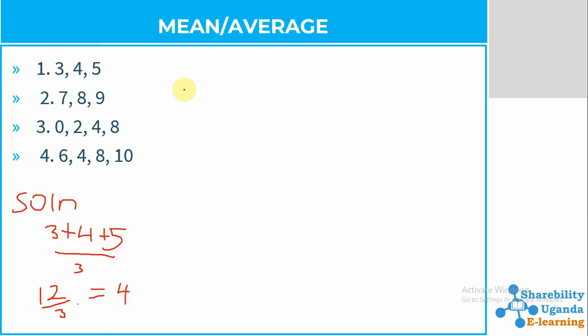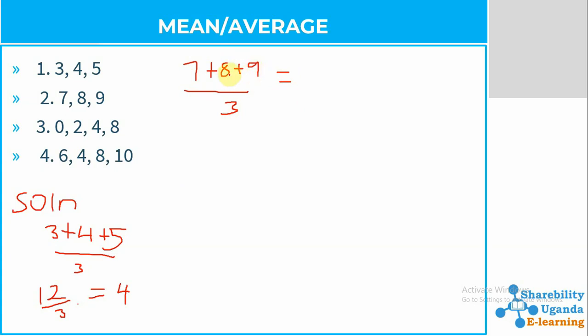Okay, then our next number, which is a 2, is going to be 7 plus 8 plus 9. Then all this shall be divided by what? Shall be divided by 3. So what is 8 plus 9?